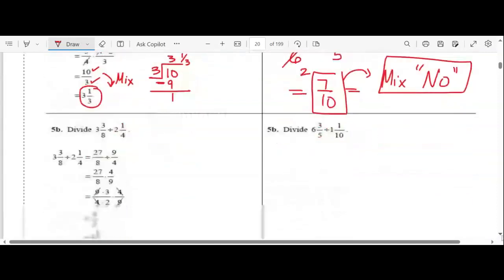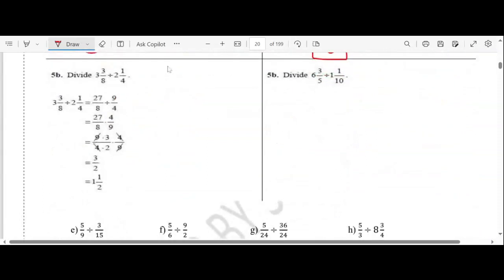All right, let's move on. Now, what type of numbers is this? Mixed numbers, right? So I have to convert the mixed number to what? Improper fractions.